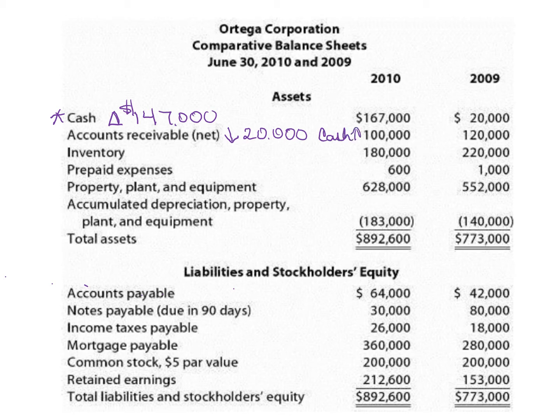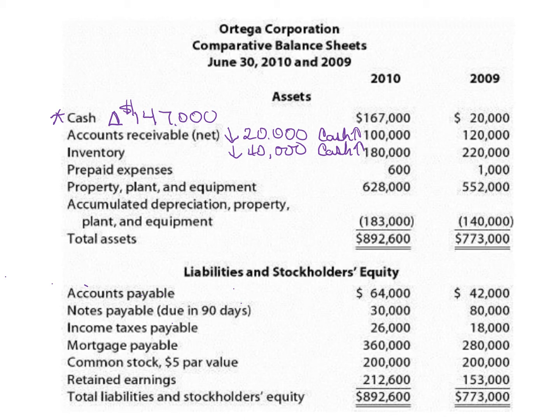Inventory went down, is that 40,000? And if inventory goes down, the only reason it can go down is if you sell the inventory. And if you sell the inventory, that means cash is going to go up by 40,000. Prepaids is another current asset.